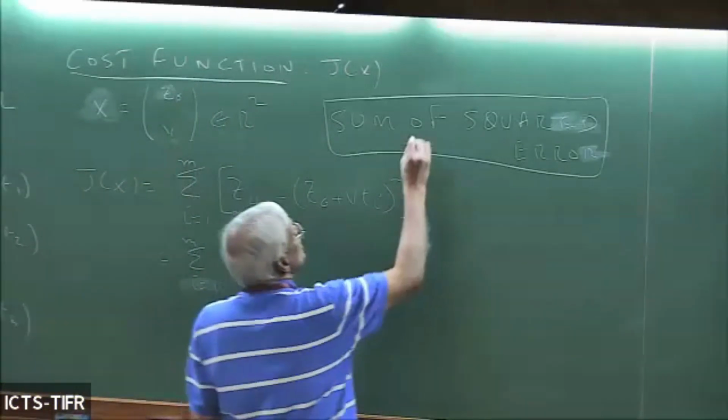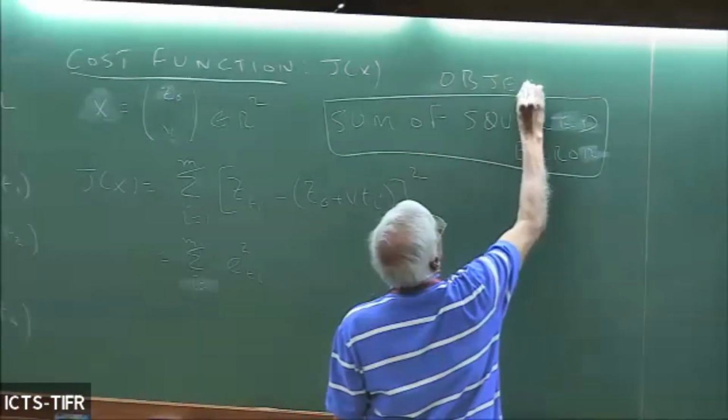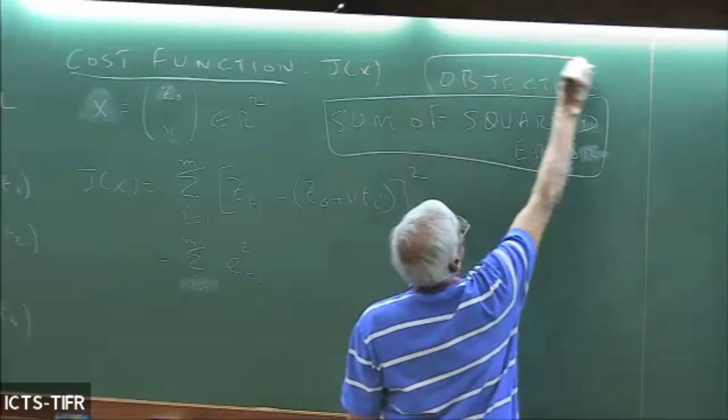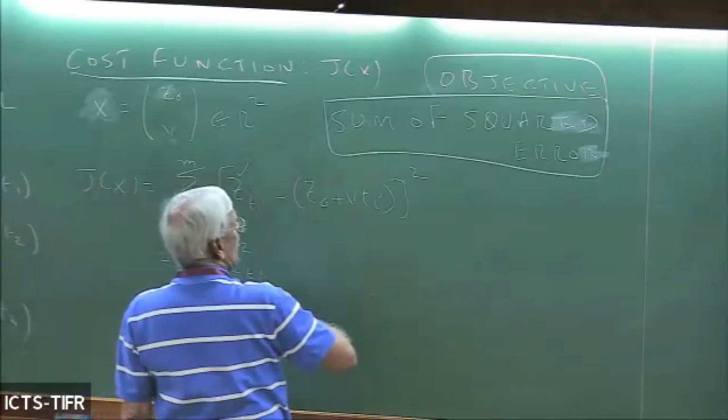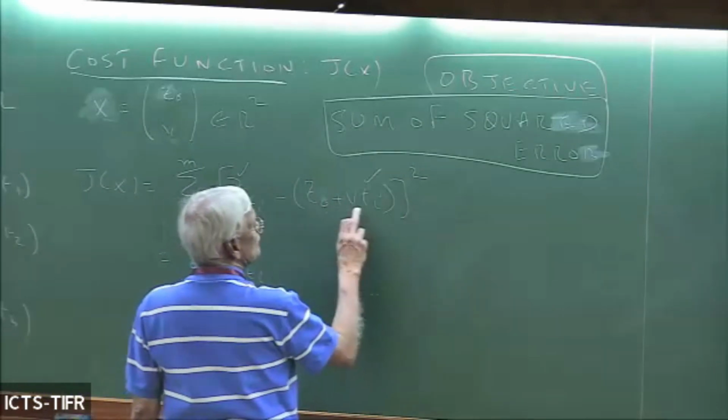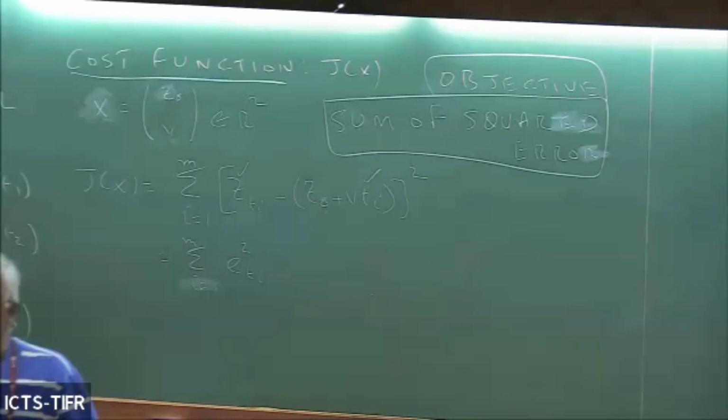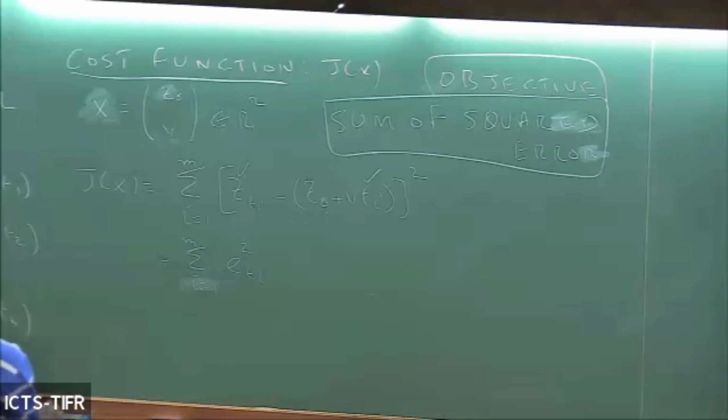Sometimes we call it an objective function. The objective function is the sum of squared error. Please understand, if I expand this, I know Z at T i, I know T i, so it's a function of Z0 and V. It occurs as a square, so it's a quadratic function in the components of the unknown vector X. All of you with me? So how do I state my problem? My problem is stated as follows.